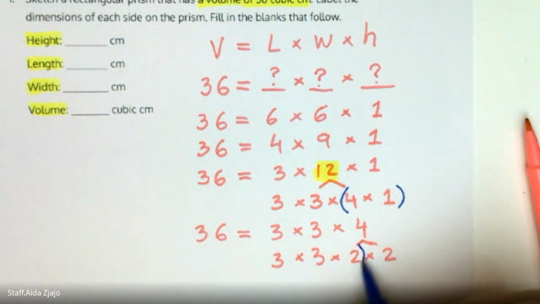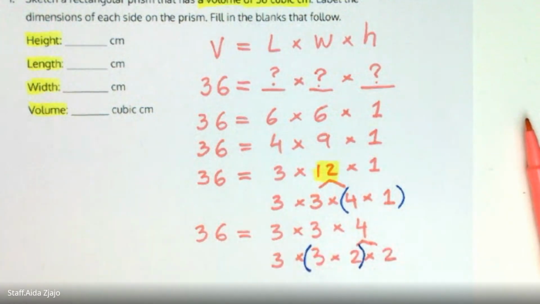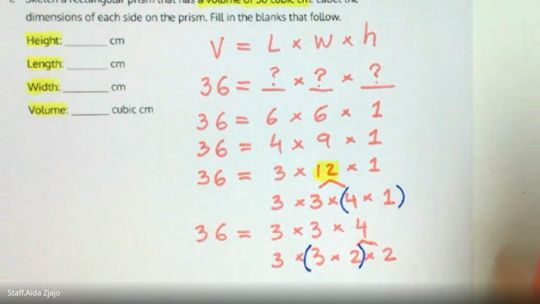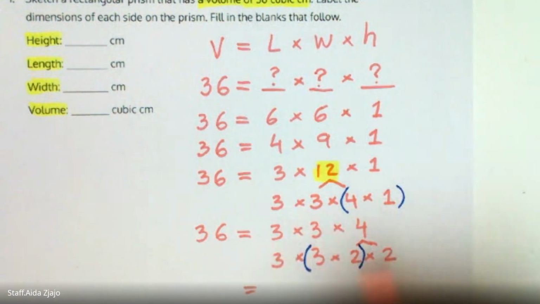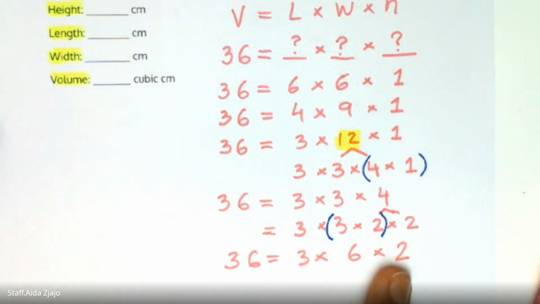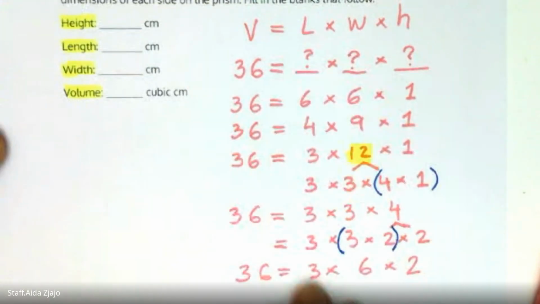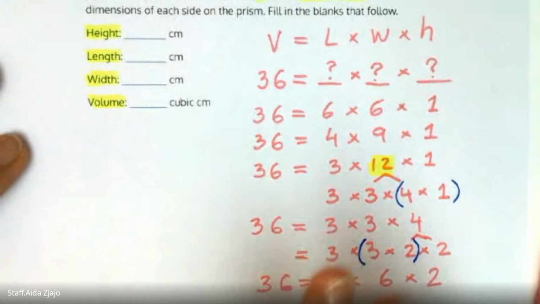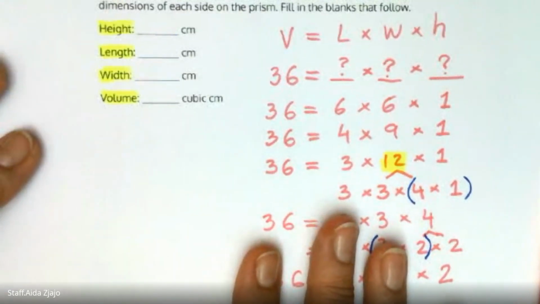I'm going to associate these two, so 3 times 2 is 6 times 2. So there is another way. 3 times 6 times 2 is 36. So there are more, guys. It's just the idea of how you could think of it.